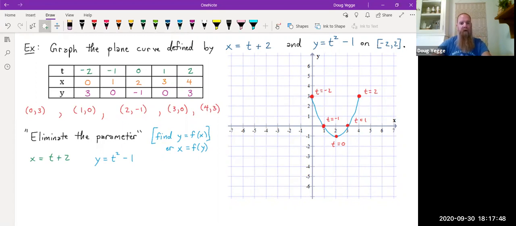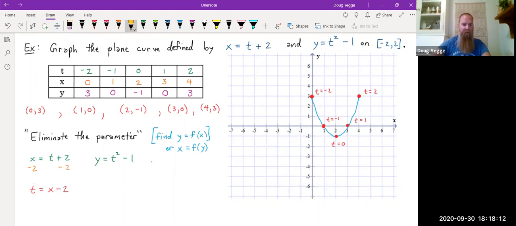So it looks like in this problem, the easiest thing to do would be to solve for t in the first equation, because all we have to do is subtract 2. If I subtract 2, this gives me that the t coordinate is equal to x minus 2.